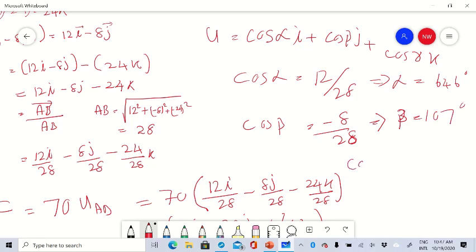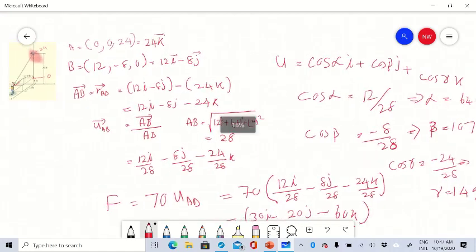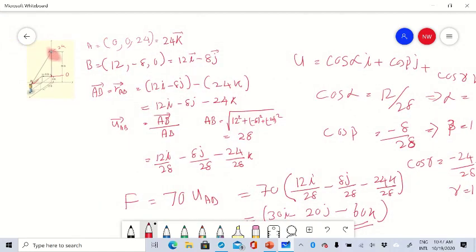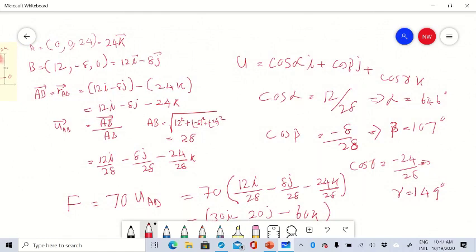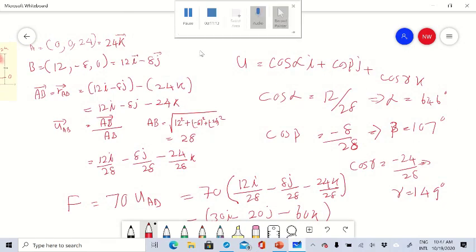Then cos gamma is equal to minus 24 over 28, so gamma is equal to 149 degrees, right? So we have expressed our force F in Cartesian vector form as well as with the directional cosines, and from the directional cosines we found the directions of the force.